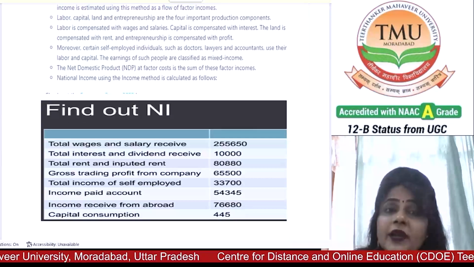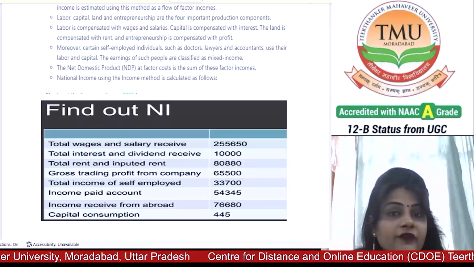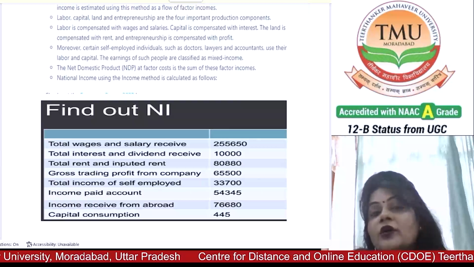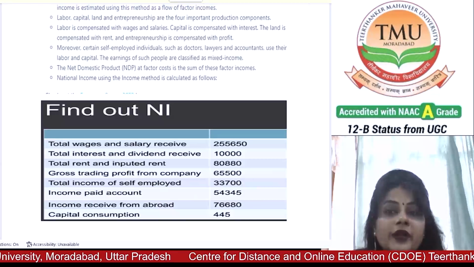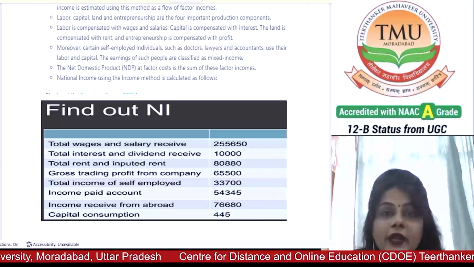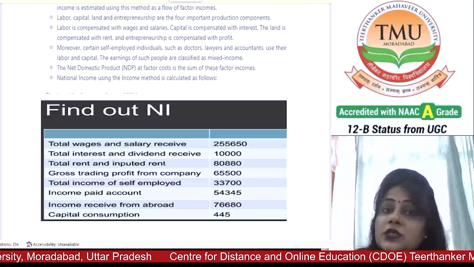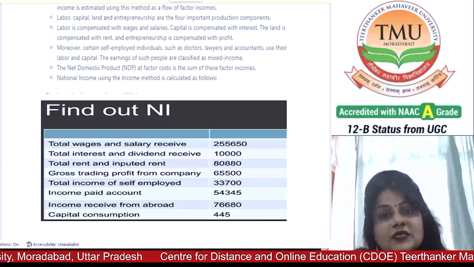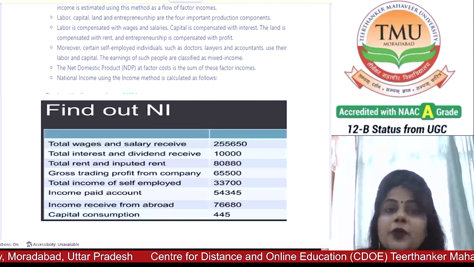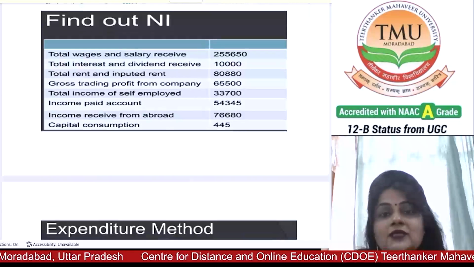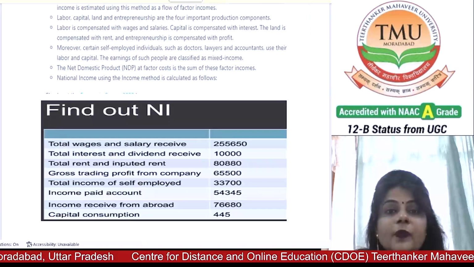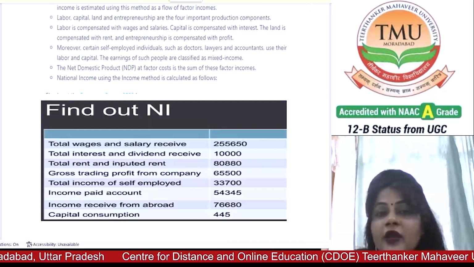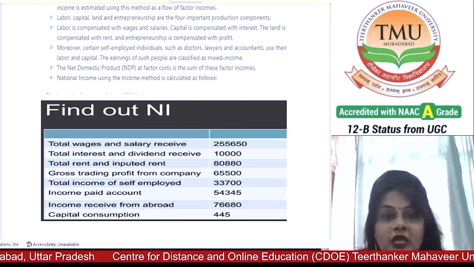Moreover, certain self-employed individuals, such as doctors, lawyers, and accountants, use their own land and capital. The earnings of such people are called mixed income. The net domestic product (NDP) at factor cost is the sum of these factor incomes.